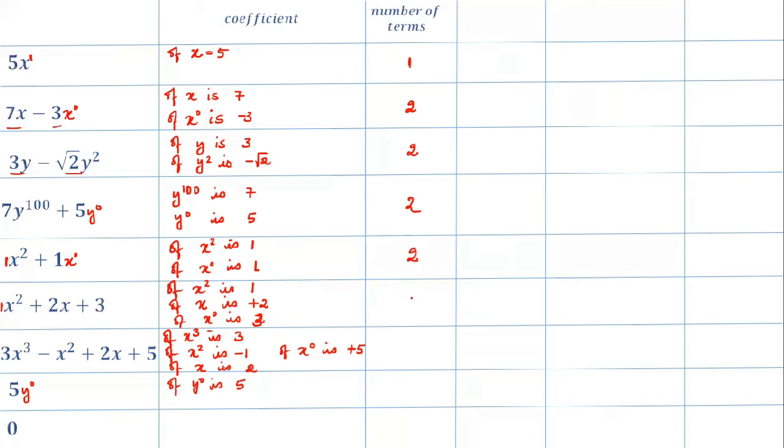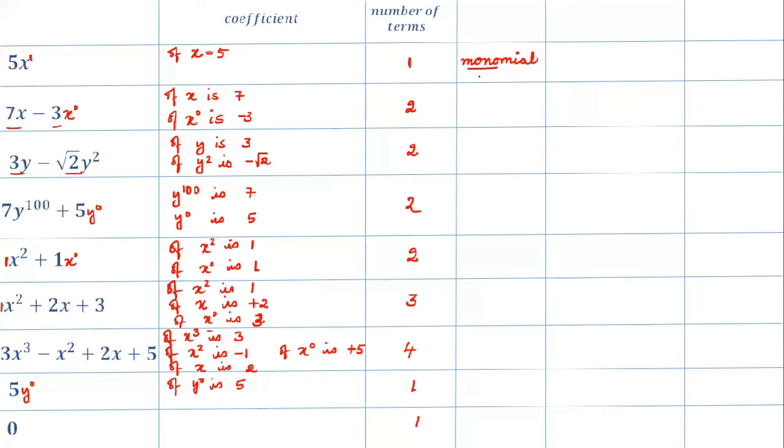And in the next one the number of terms is 3. And the next one the number of terms is 4. And in the last but one, in 5, the number of terms is 1, and in the last one the number of terms is 0.